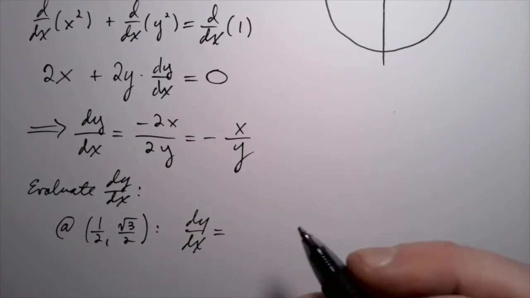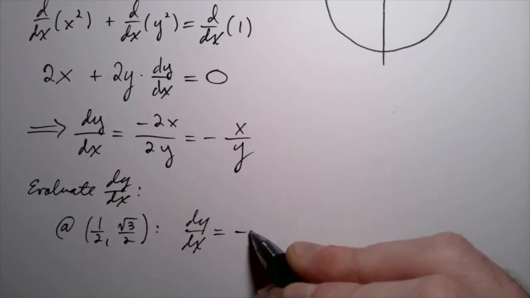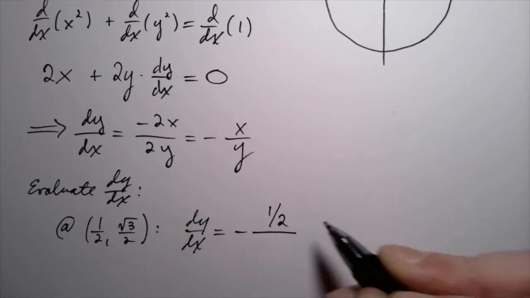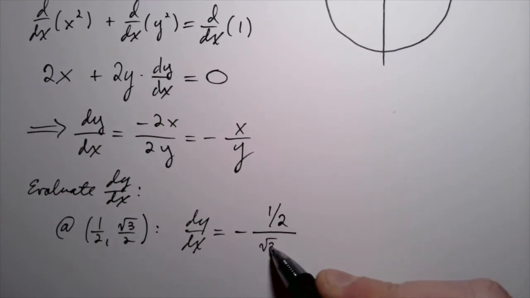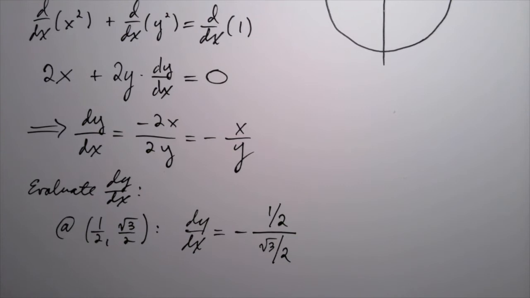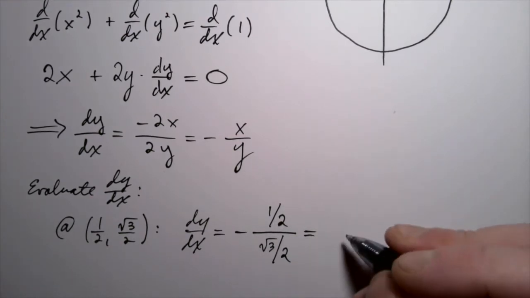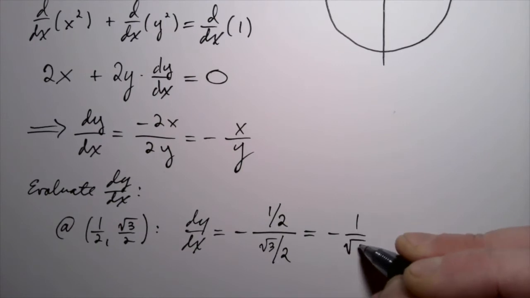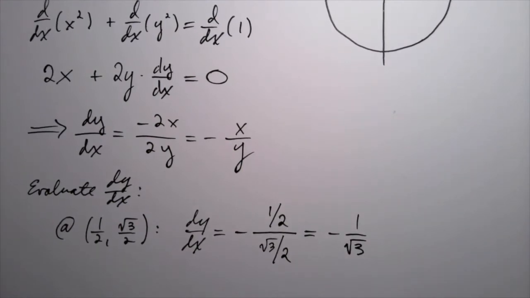The slope, the derivative, will be minus the x-coordinate, which is 1/2, divided by the y-coordinate, which is root 3 over 2. So the 2's in the denominator on top and bottom cancel, and we're left with minus 1 over root 3. If you want to write that as minus root 3 over 3, I have no problem with that, but I'm going to leave it as minus 1 over root 3.